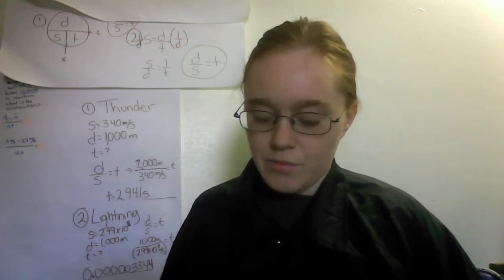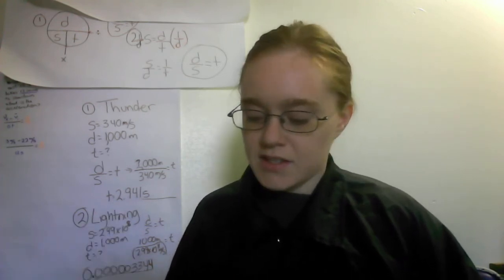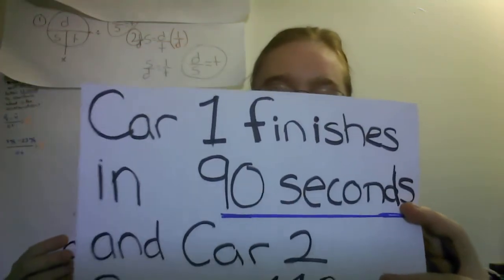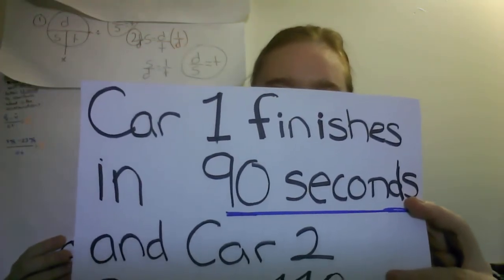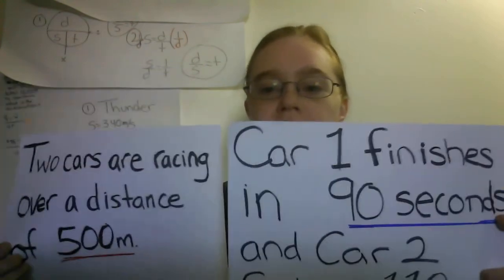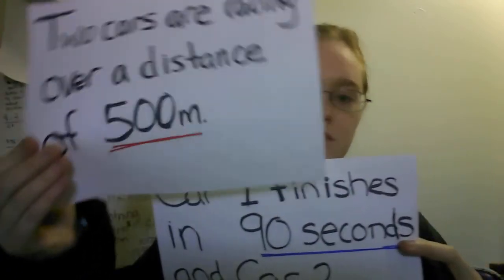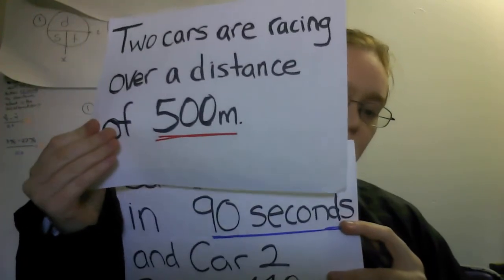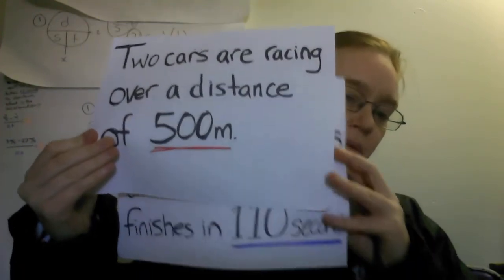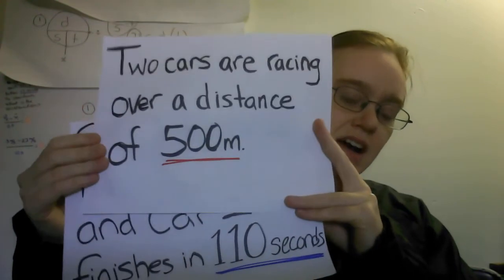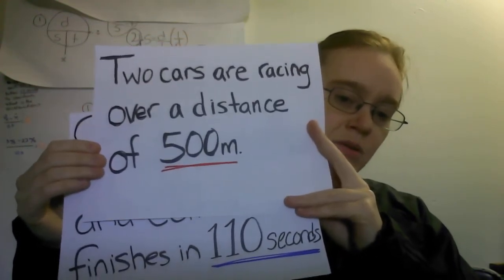And so then what we would do to solve this is we would plug this part in for distance, and then we would plug these 2 in for time, but we'd have to do this in 2 steps. We'd have to do one equation where 500 is our distance and 90 seconds is our time, and then a second equation where, again, 500 is our distance and 110 seconds is our time.